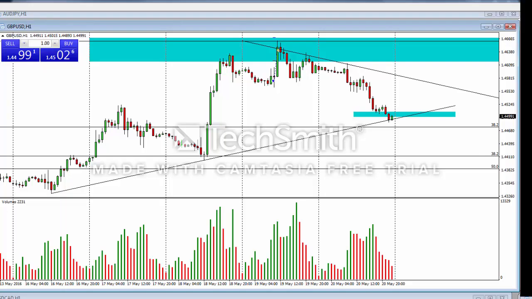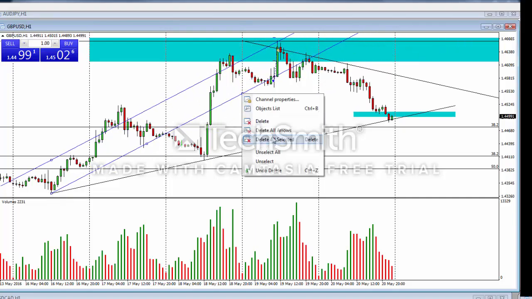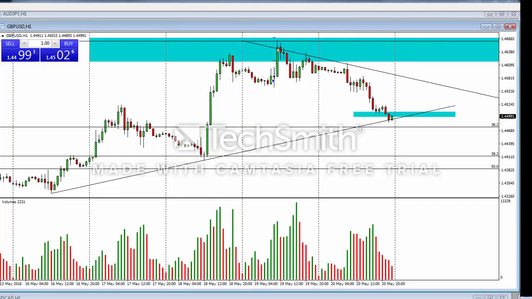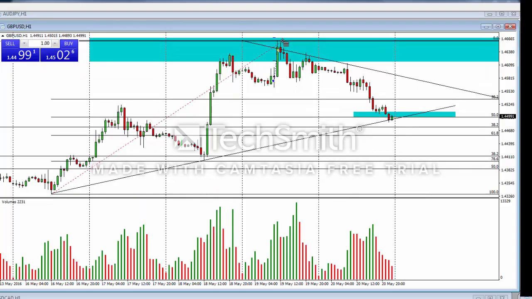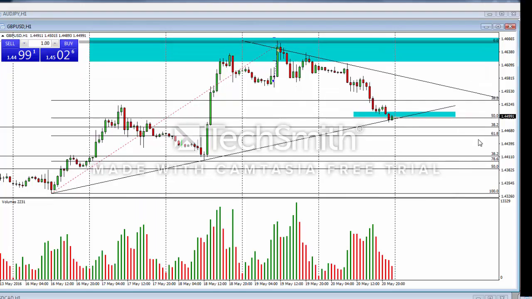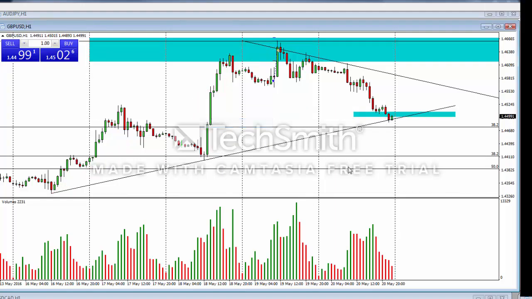So you've got a nice trend line here, and if you take a fib from here to here, you can see we've got a fairly nice 50% retracement on that fib there. So definitely a level to watch out for. If we went from here, I'd be very disappointed, but it's certainly a possibility.